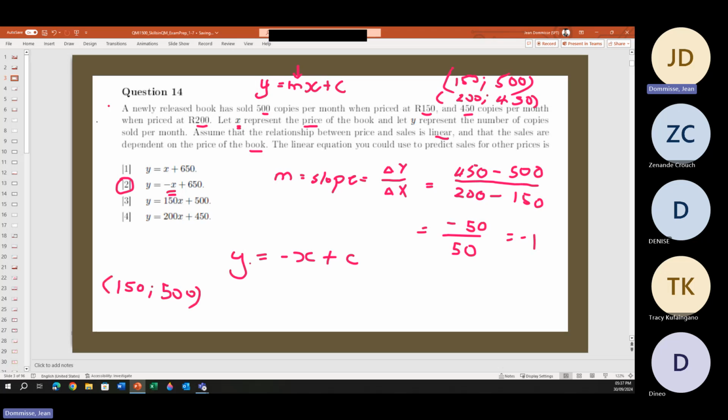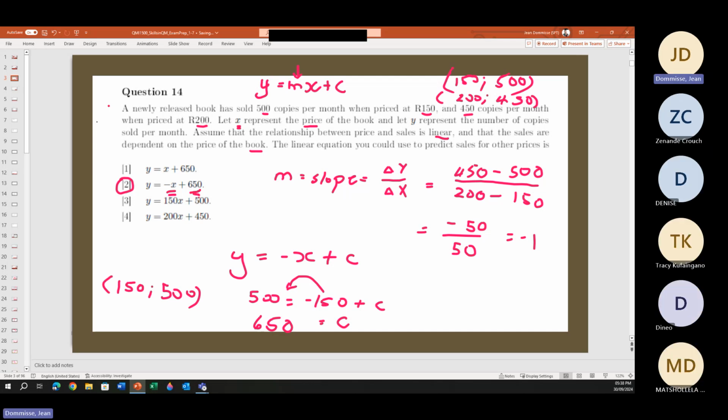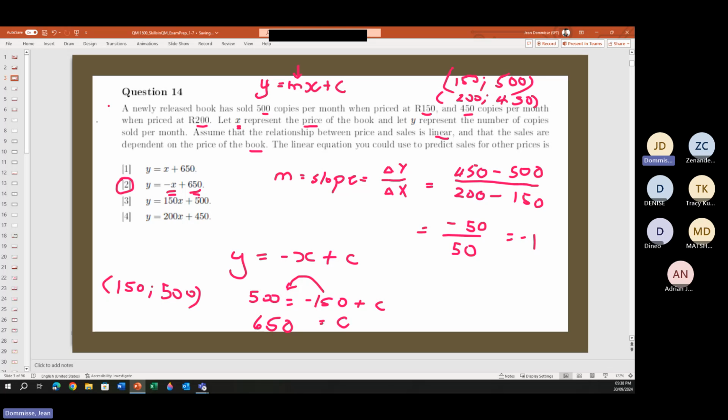So y was 500, and that is equal to minus 150 plus c. So c, if we take the minus 150 to the left-hand side, that will become positive 150. So c will be equal to 650, which you can also see is the option that we have.